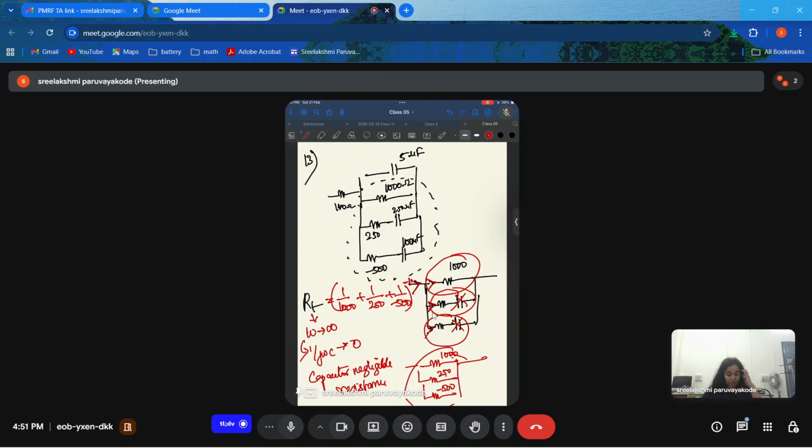RT value will be the reciprocal. When you solve this, 1 plus 4 minus 2, you will get around 333.3 ohm.